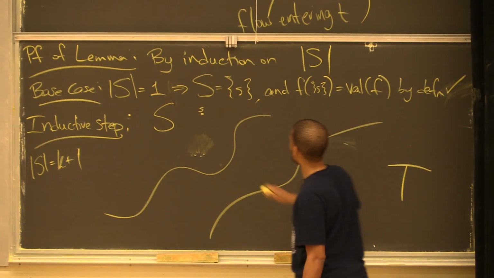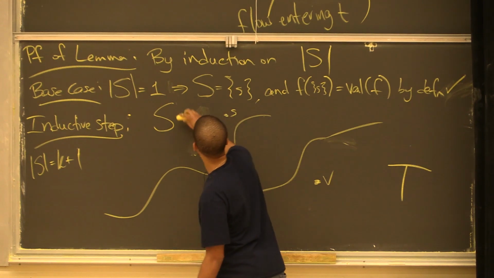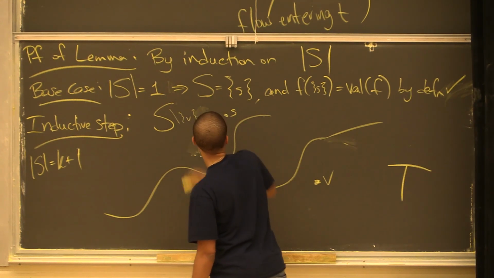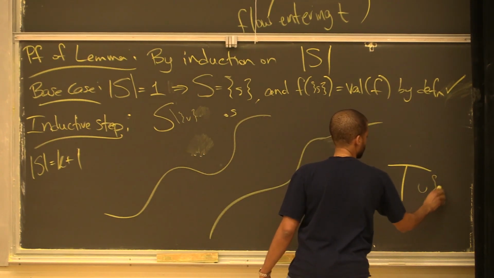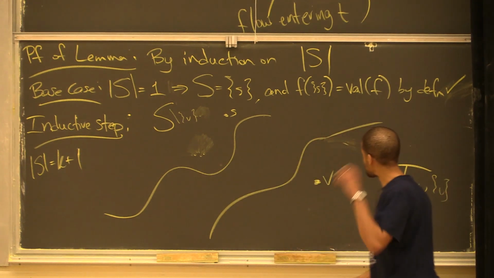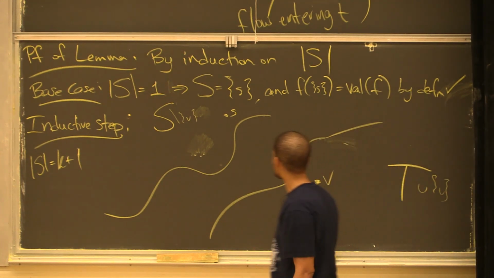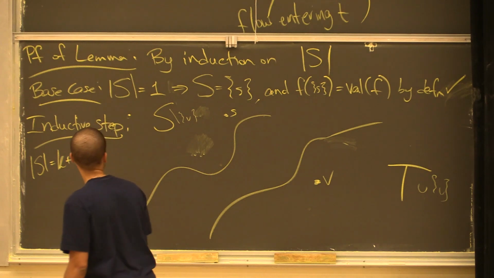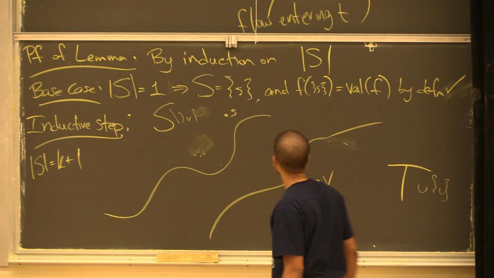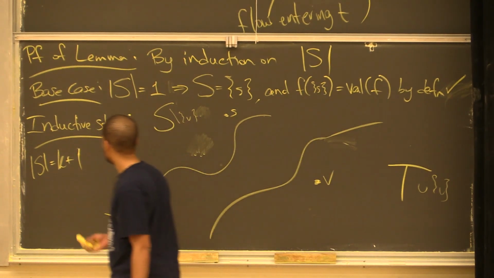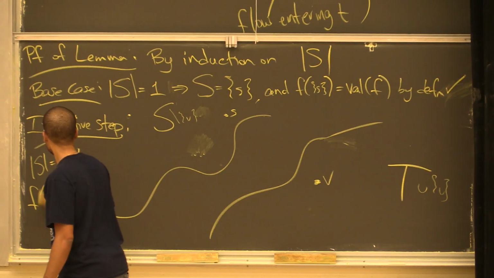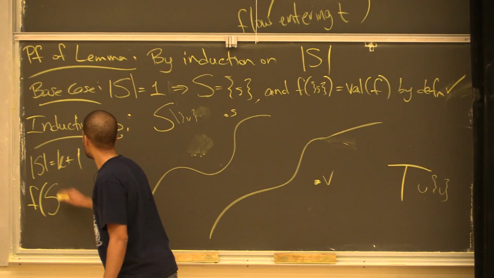Okay? So now over here, this is S minus little v, and this is T union little v. Okay? And let's ask ourselves, let's look at f of S minus little v.